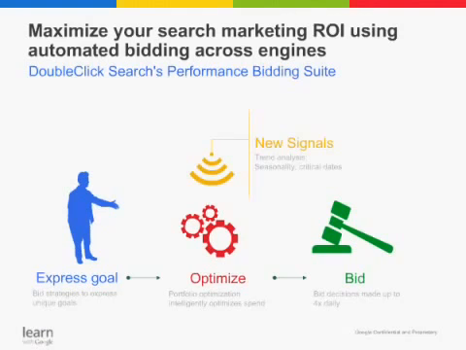For example, if you are a clothing retailer and it's summer, we know that conversions for summer dresses will most likely spike, and we'll take this trend into account and optimize accordingly.